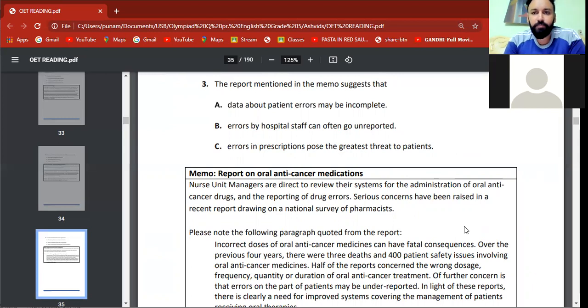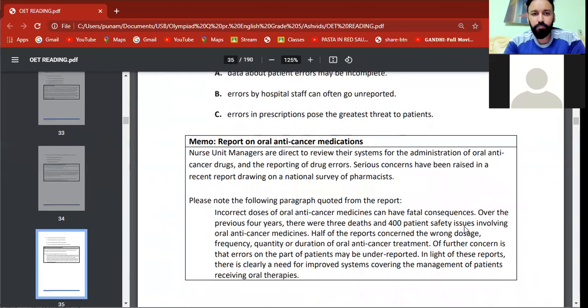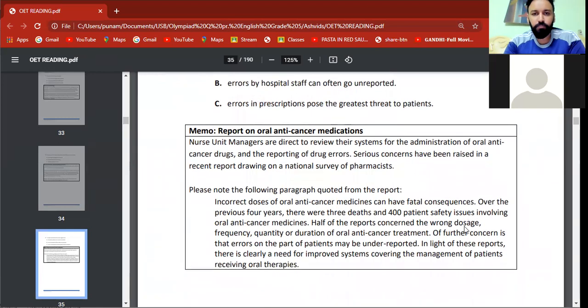Serious concerns have been raised in a recent report drawing on a national survey of pharmacists. Okay. Please note the following paragraph quoted from the report. Incorrect doses of oral anti-cancer medicines can have fatal consequences.